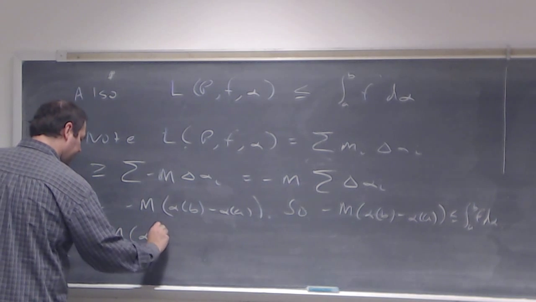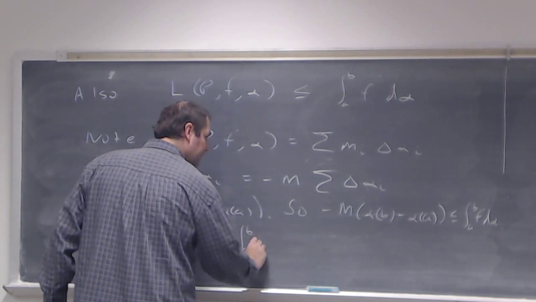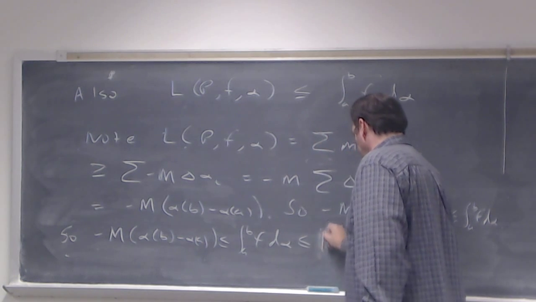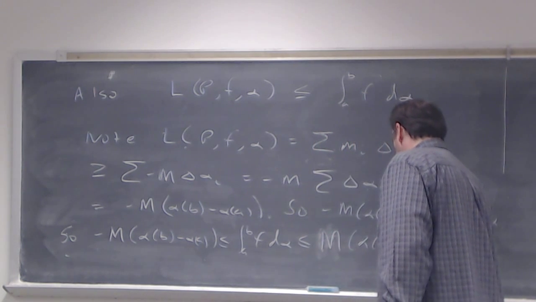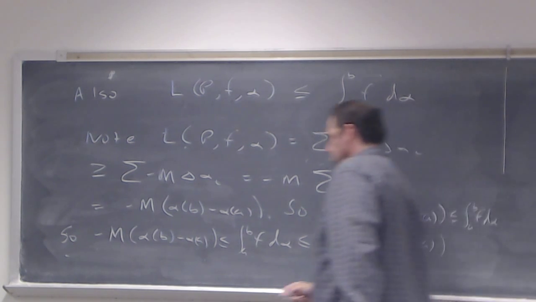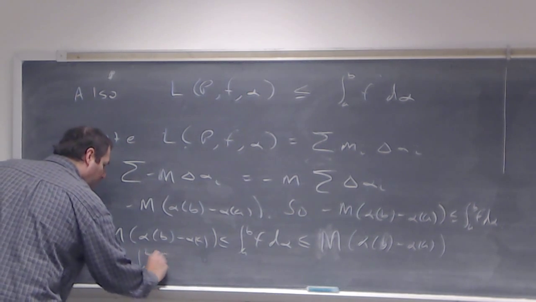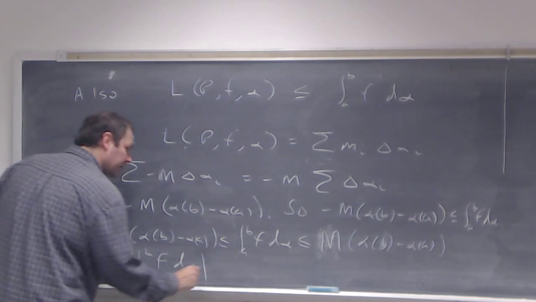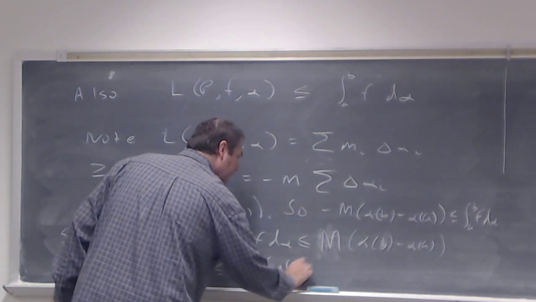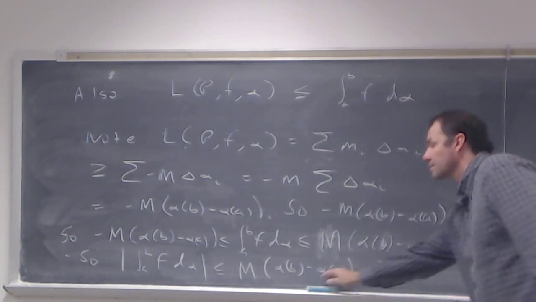Minus M times alpha of B minus alpha of A is less than or equal to the integral from A to B of f d alpha, which is less than or equal to big M times alpha of B minus alpha of A. And so that says that the absolute value of the integral from A to B of f d alpha is less than or equal to M times alpha of B minus alpha of A. And that's what we wanted to prove, so that ends this theorem.